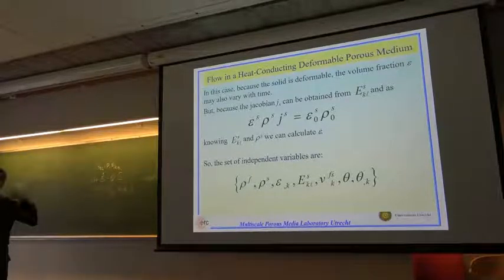So one of these must be included as an independent variable in the set of independent equations. And here I have decided to include rho s, but you could have included porosity. There's no difference. So compared to the previous set I showed you, now I have included the deformation of the solid. So this is the strain tensor for the solid, and I have included also the temperature gradient.